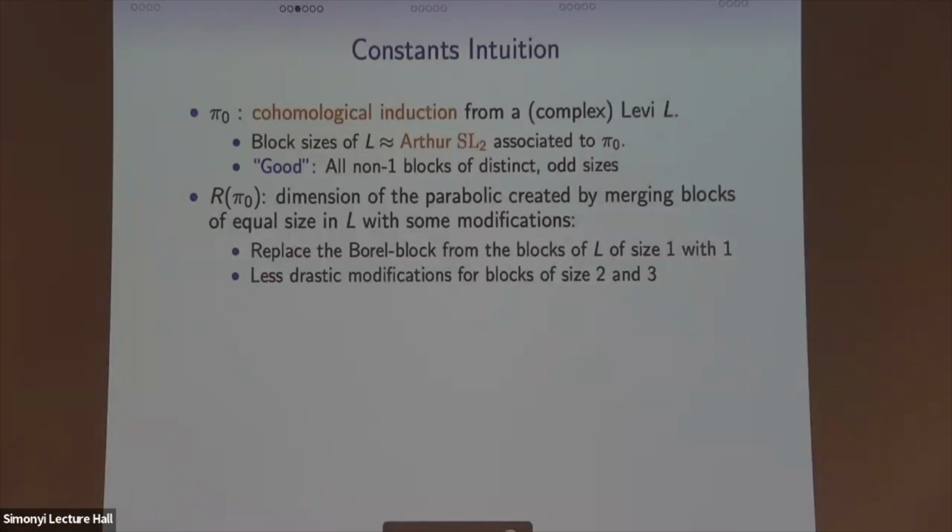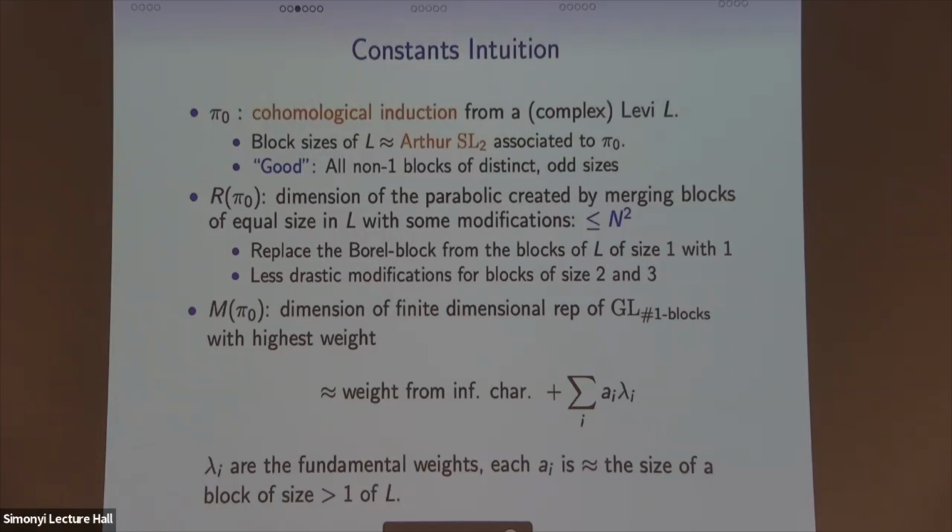If you are familiar with the work of Marshall and Shin, it's basically the same thing that they have there, where there are some modifications for blocks of size 1, 2, and 3. So basically it's inputting the specific bounds they have and using them somewhere, and that's where this R pi 0 comes from. The key point is that it's going to be less than or equal to n squared. It's going to be equal to n squared when the representation is tempered, and it's less than n squared when the representation is non-tempered.